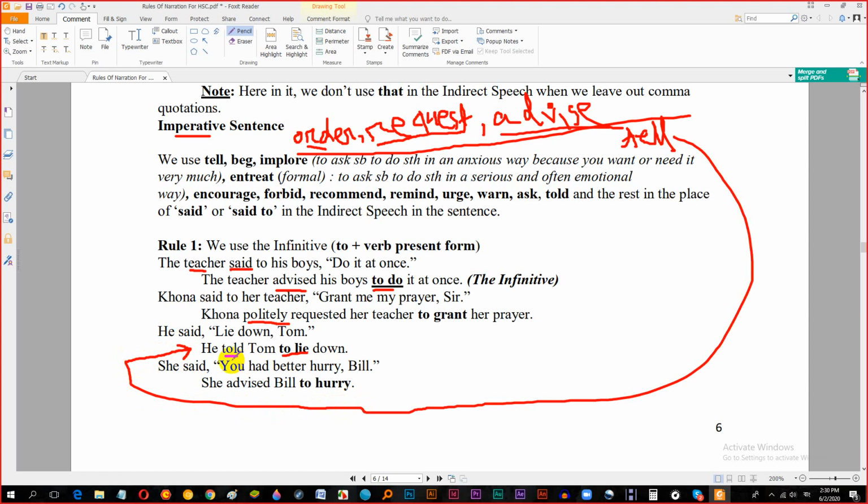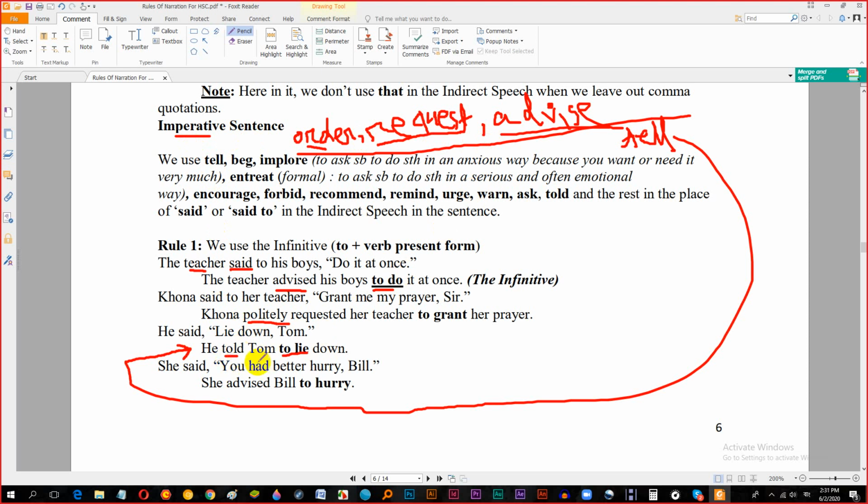So he said, "Lie down, Tom." So he told Tom to lie down. We don't understand whether it was an order, advice, or request, so we have used told here. So if we don't understand the tone of the sentence, then we can use tell there.